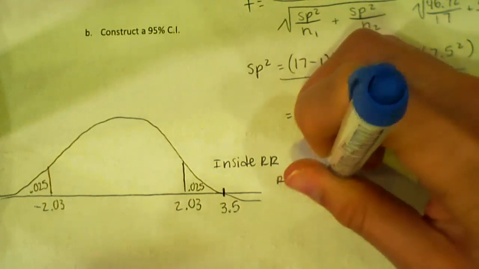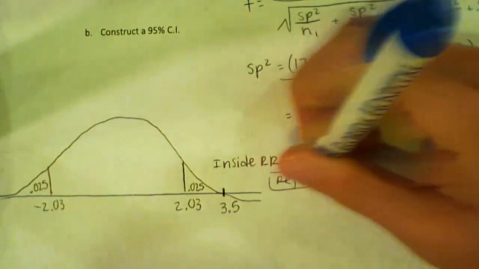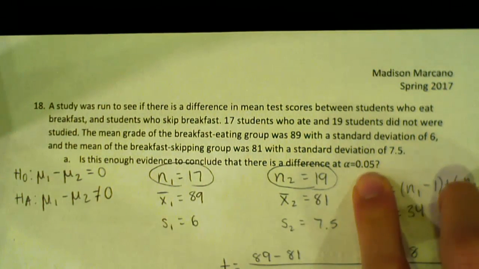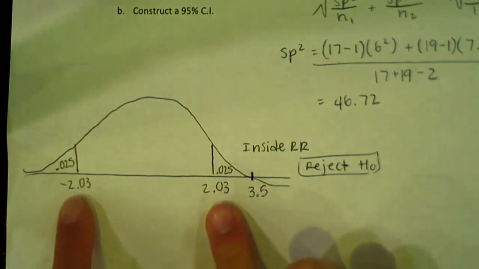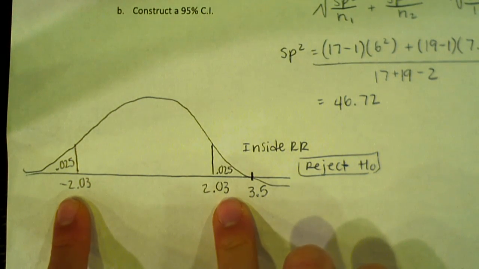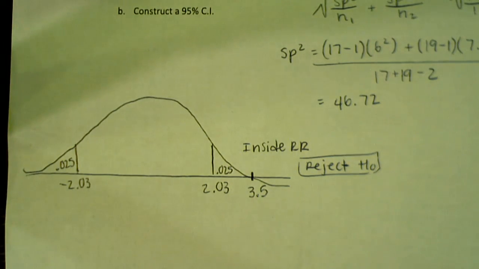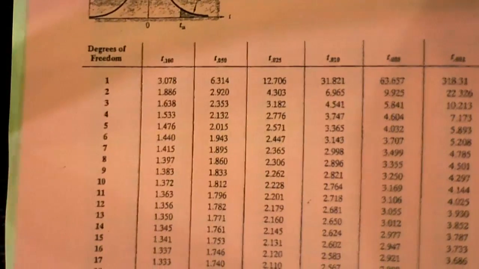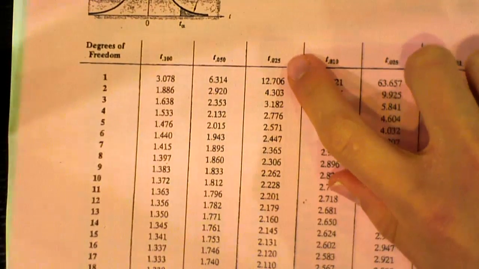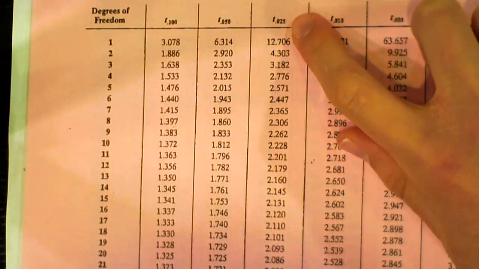If you look on your t-tables, that's what corresponds with that alpha, right? We have 0.05. You have to split that onto the two tails because it's a two-tail test. And if you go on here, if our degrees of freedom are 34, we're looking at right here, and then 34.